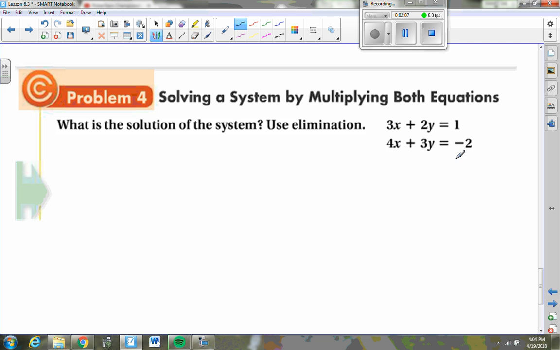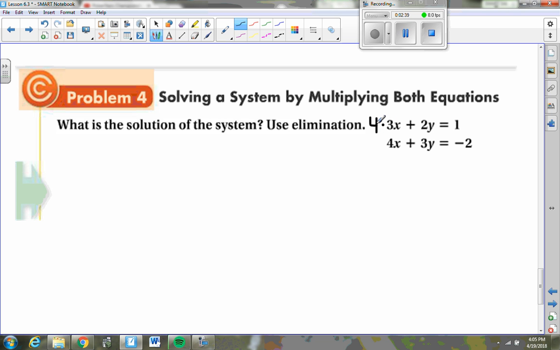Now, you can choose whichever variable you want to eliminate here. I'm going to choose to eliminate the x variable, which means I want to turn the 3 and the 4 both into the same number. The easiest way to do that, like finding a common denominator when we're adding fractions, is to just multiply by the other number.